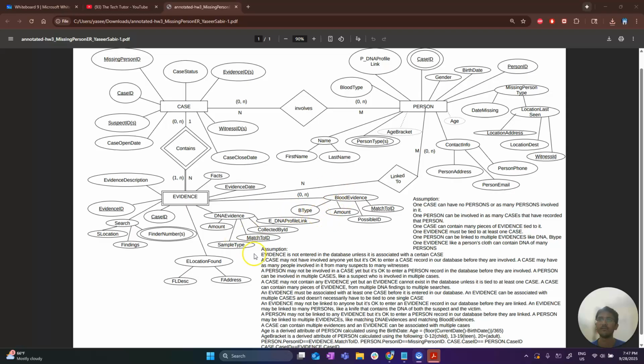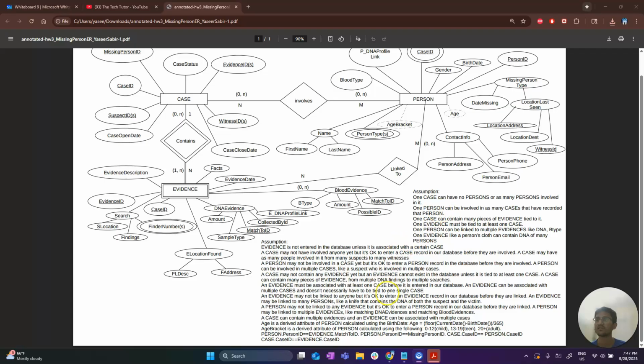As you can see, all those things that I'm collecting. The assumptions here, you can see these are a lot of assumptions. And some of these assumptions are added here because now I have this extra relationship that I have to worry about: these min maxes and these two cardinalities between the person and evidence.